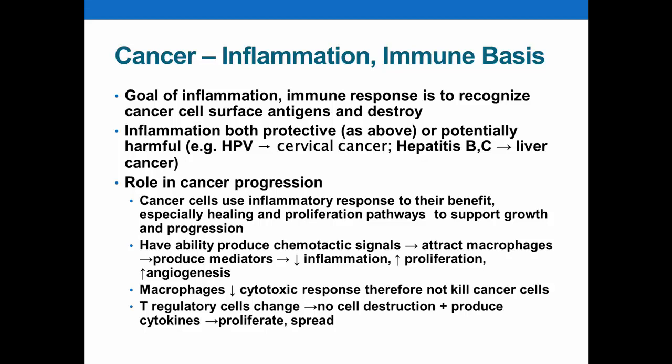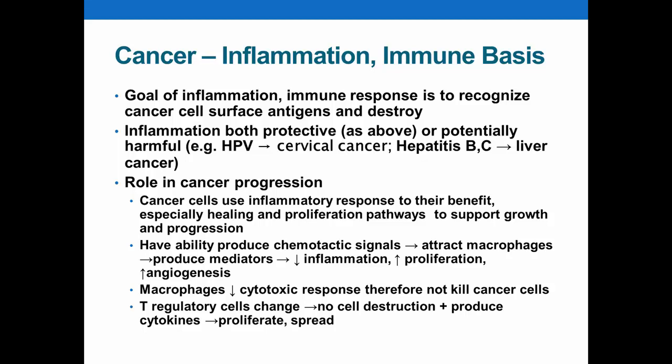At the same time, cancer cells have the ability to change the T regulatory cells. When they change those T regulatory cells, there is no cell destruction, as well as they produce cytokines that allow them to continue to support tumor cell proliferation and tumor cell spread.